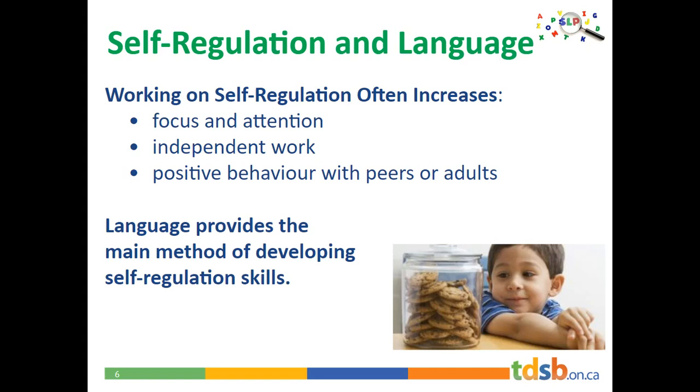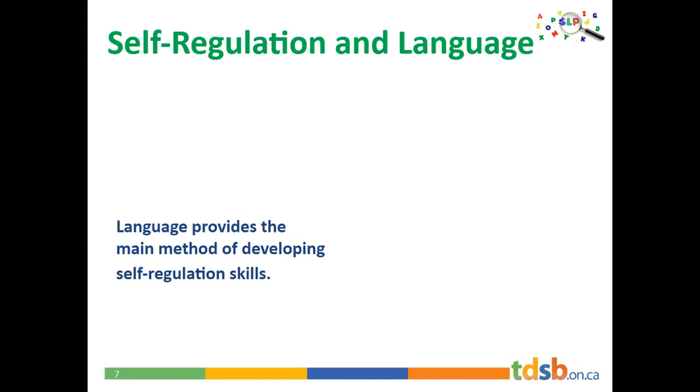Teachers and parents use language to develop these self-regulation skills and create calming strategies. It is important to always consider the child's language knowledge when teaching them to self-regulate. Let's look at some examples of what I mean.